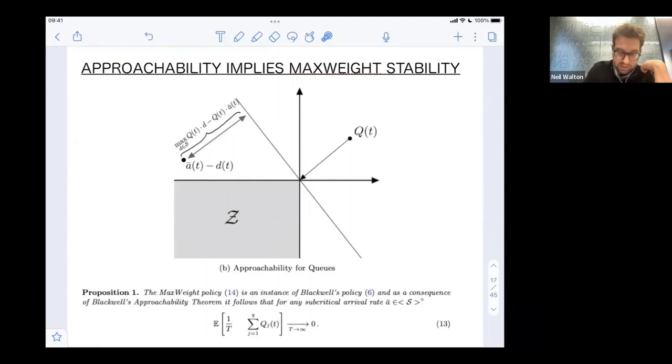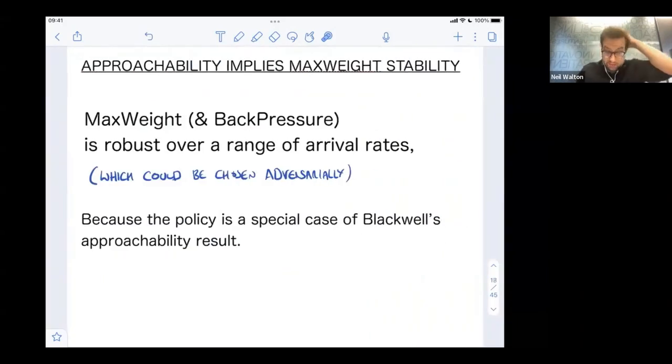By doing that maximization, it's achieving something that lands in this region and then approaches the set of queues which are equal to 0. Just as there's a connection between online learning and Blackwell, there's a connection between a widely studied set of queuing networks and this Blackwell result as well. So through that we can argue there are nice connections between approachability, adversarial learning, and the stability of queuing systems.